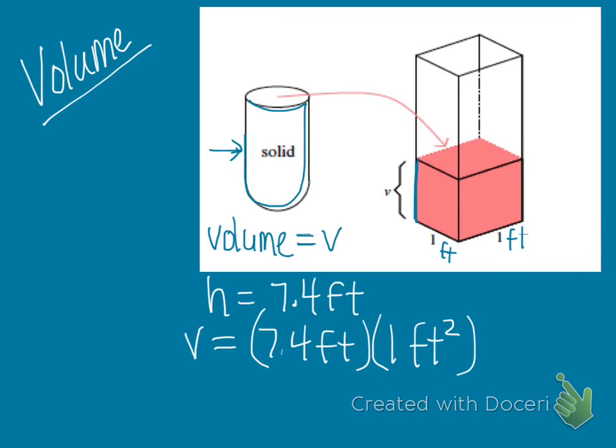And so the volume would be 7.4 feet times feet squared, which is cubic feet, or feet cubed. So that height would be that. That's kind of how we can think about it.